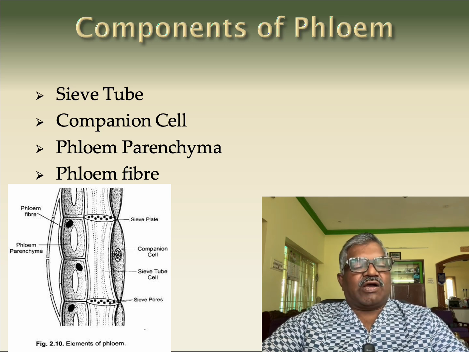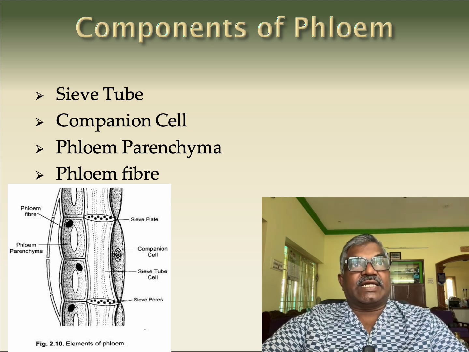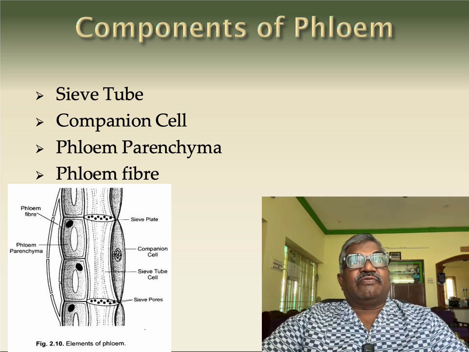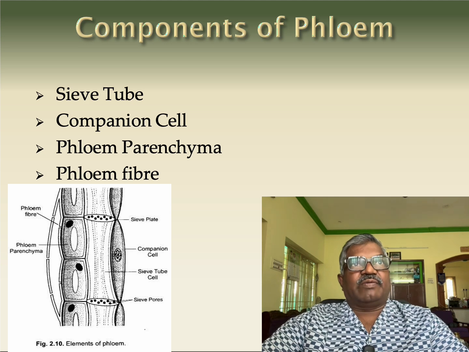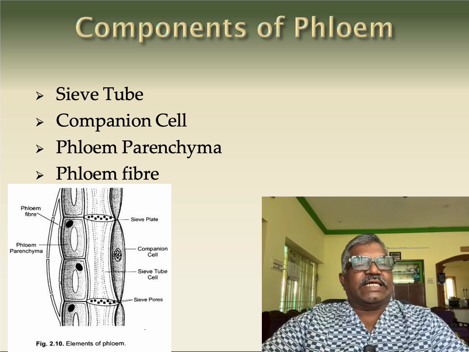The direction of conduction is unidirectional. That means it can conduct water and minerals in one direction only, from bottom to up. That is why it is known as unidirectional.